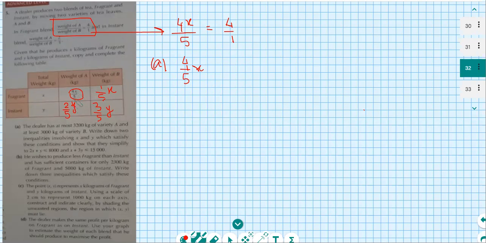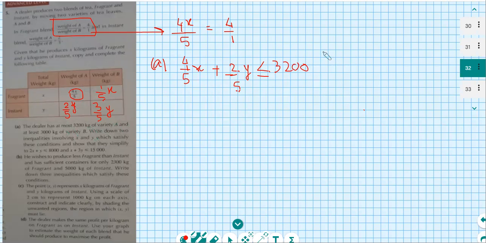So the first inequality will be 4 over 5x plus 2 over 5y, because we are adding the variety A leaves, and it's the total weight of the leaves of variety A, which is at most, or less than or equal to, 3200.